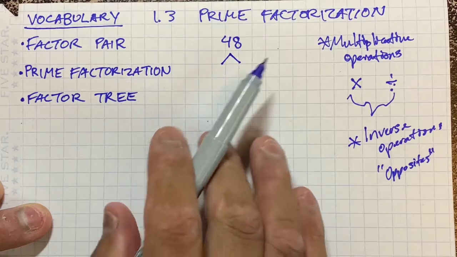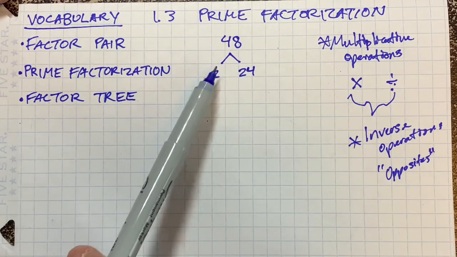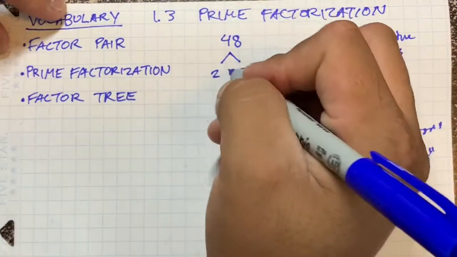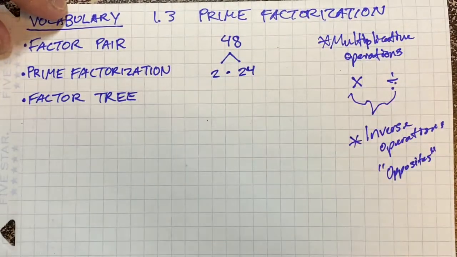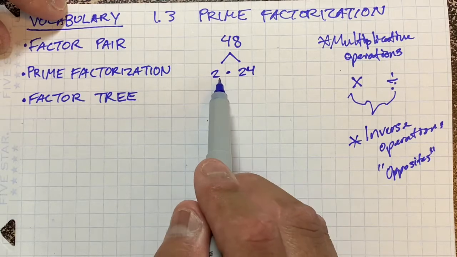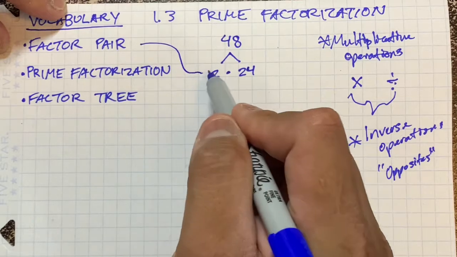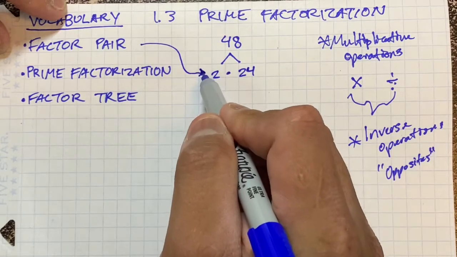So using the multiplicative operation of division, we're going to break 48 up into two parts, okay? So what we do know is that 24 times 2 would equal 48, and this would be called a factor pair.